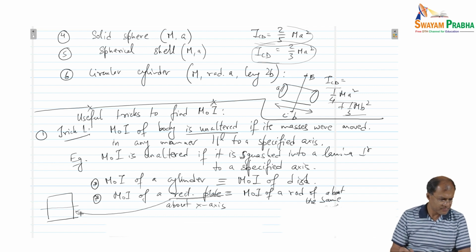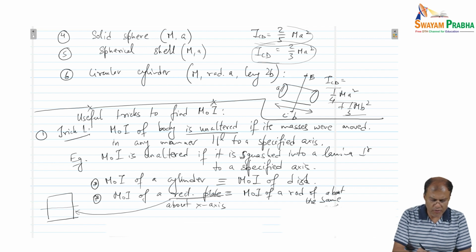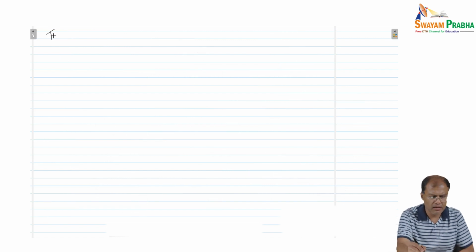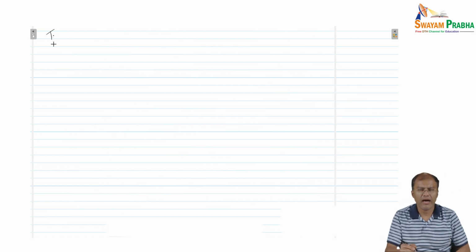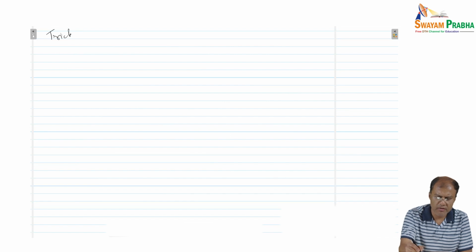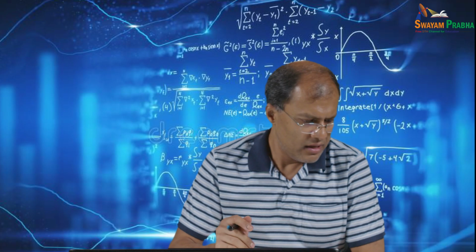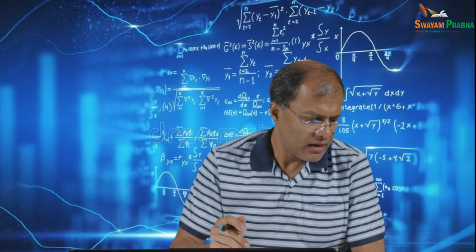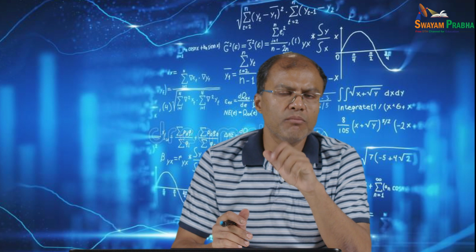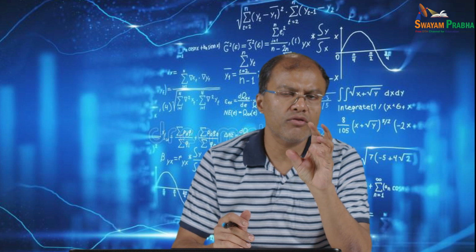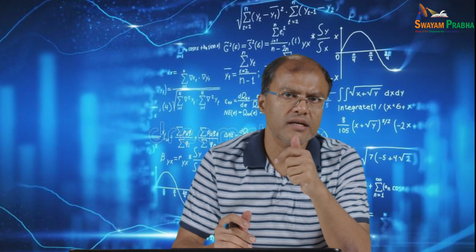The second trick of finding the moment of inertia, I think we have 1 or 2 minutes, so let us wrap up by saying the second trick. It says that suppose the moment of inertia of an object is found. Then consider a small part of the object.